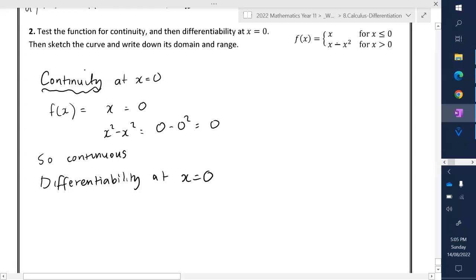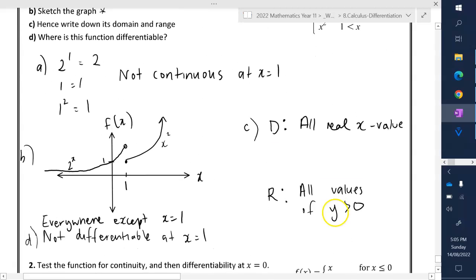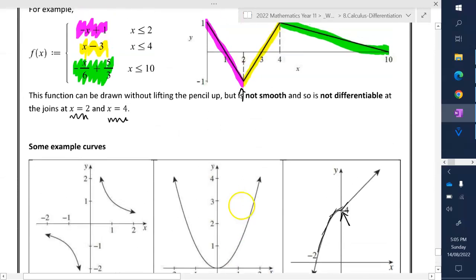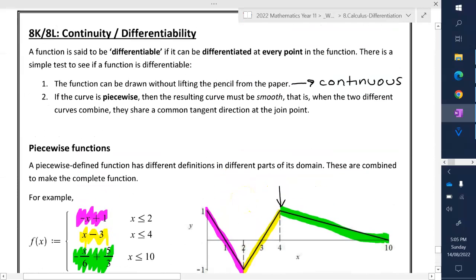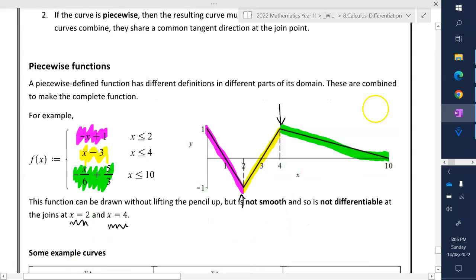If we're getting the same gradient at x equals 0, then the second point is met. So we already met our first one. It's continuous. Our second one, it's piecewise. It must be smooth. Well, we can't see that yet. We might be able to see that when we draw it. When the two different curves combine, they share a common tangent direction at the joining point.